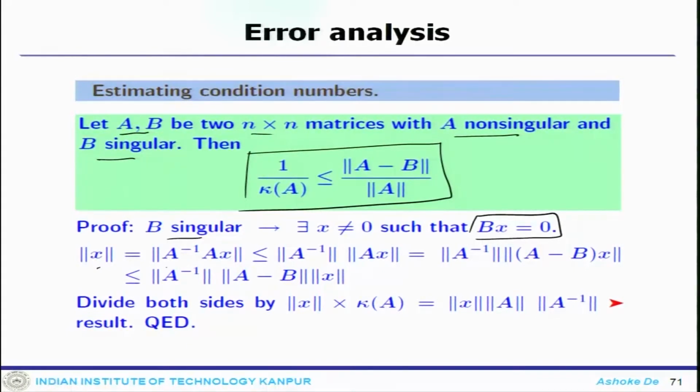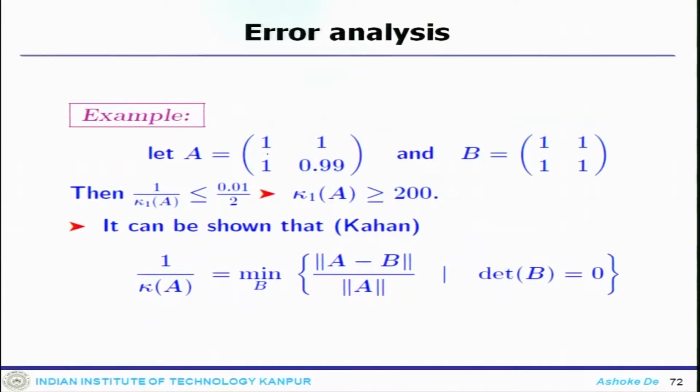Now, the norm of x is the norm of A inverse A x, which is less than or equal to the norm of A inverse times the norm of A x. One can rewrite this as the norm of A inverse times the norm of (A minus B) x. So, if you divide both sides by the norm of x and multiply by the condition number, it gives you these results. That shows the proof.